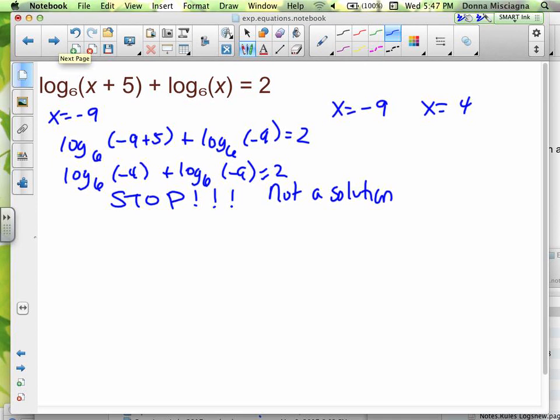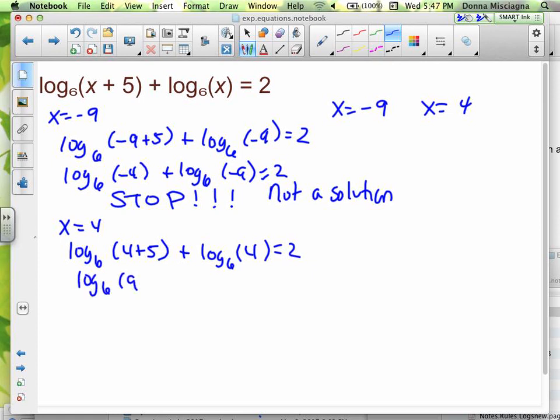Let's try the other one. X equals 4. We have log base 6 of 4 plus 5 plus log base 6 of 4 equals 2. So far, so good. Log base 6 of 9, that's positive. Log base 6 of 4, positive. I can condense these because they're both positive, right? These are real numbers. So I have log base 6 of 9 times 4 equals 2.